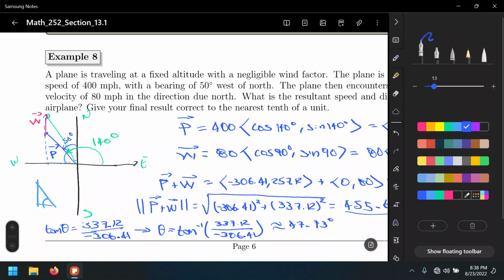That is this angle right here, because in this case I'm using the actual signs of the resultant vector. However, if we go back to the original setting, where we look at the angle from the y-axis, west of north, it would be the complement of this angle. Subtract this from 90 degrees, and this is 42.3 degrees.